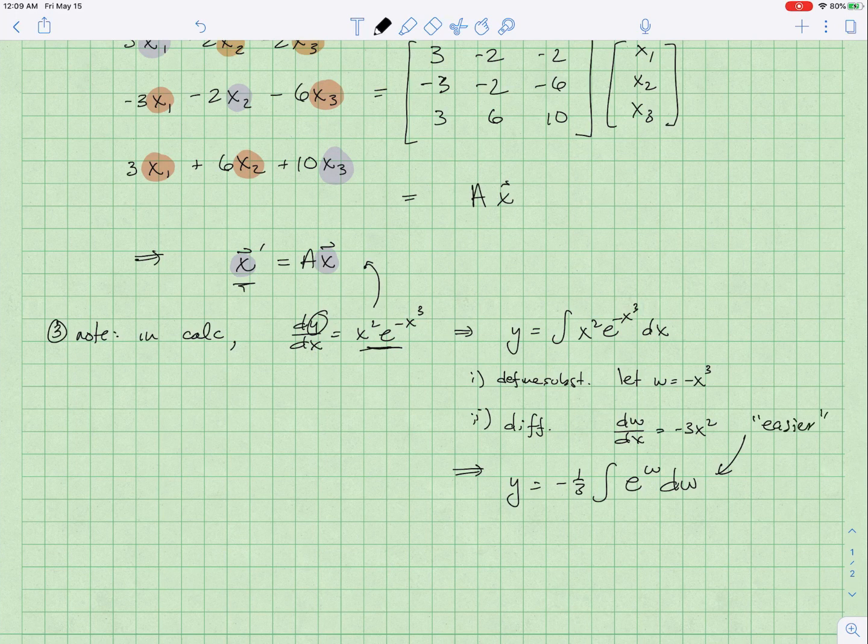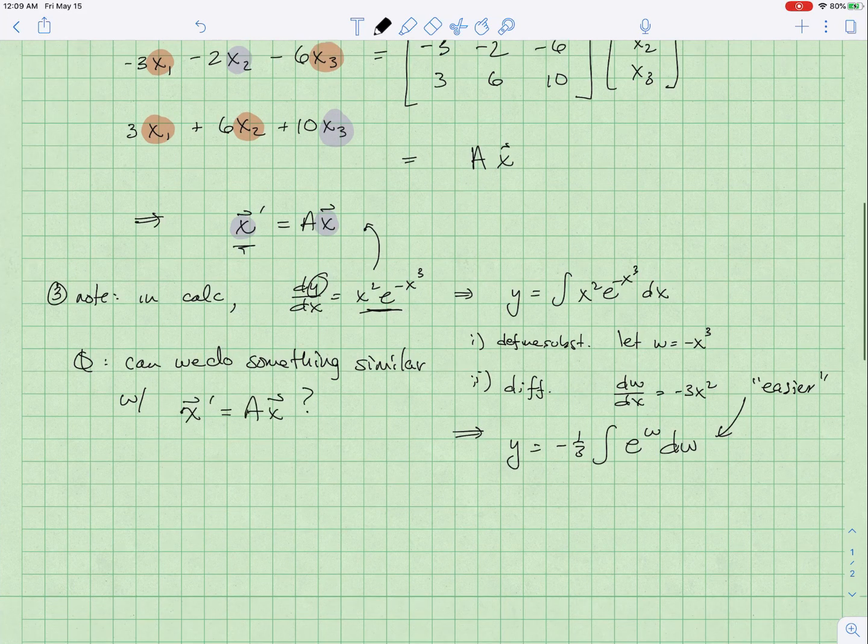And so I guess the question here is, can we do something similar with x prime equals ax? And the answer is, yeah, we can.